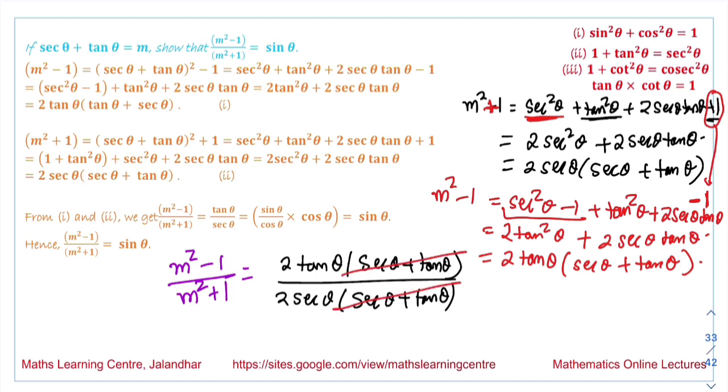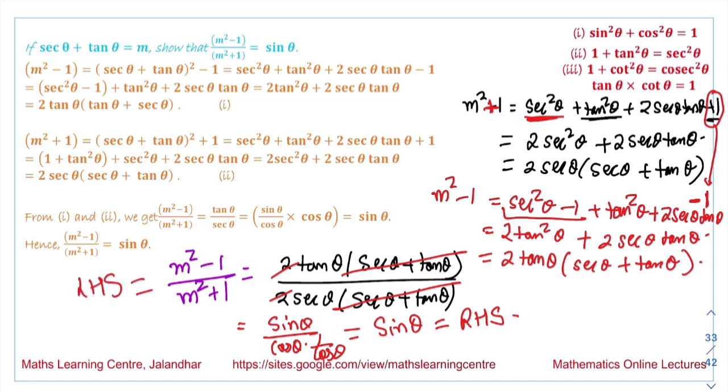Both these values get cancelled, and we are left with sin theta over cos theta into 1 over cos theta... and the answer we are getting is sin theta, and that is equal to RHS. We are saying LHS equal to RHS.